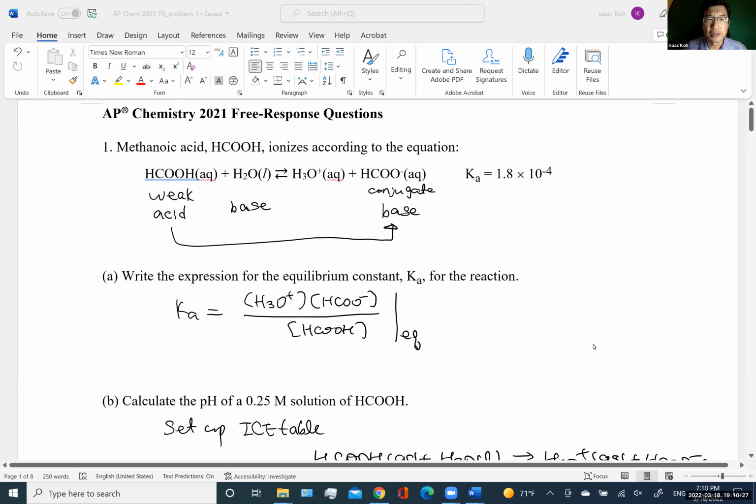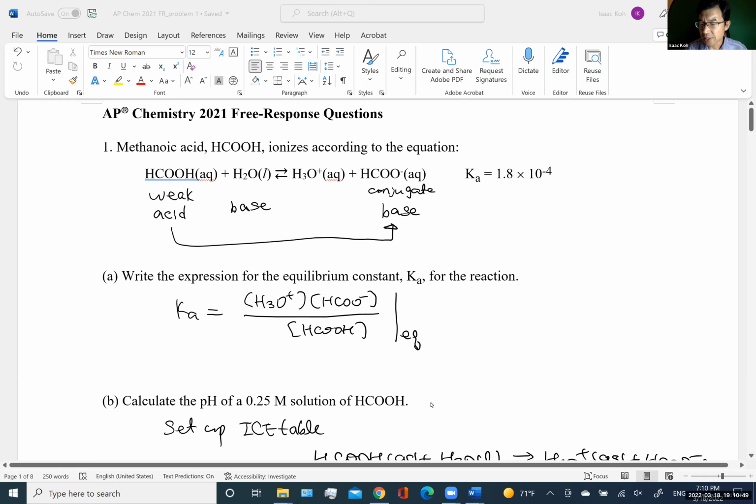That's the expression. Note that water does not appear in the expression. Water is a solvent, and solvent does not appear in the Ka expression. Note that, please. We are only dealing with the solute, which is the methanoic acid, and the products.